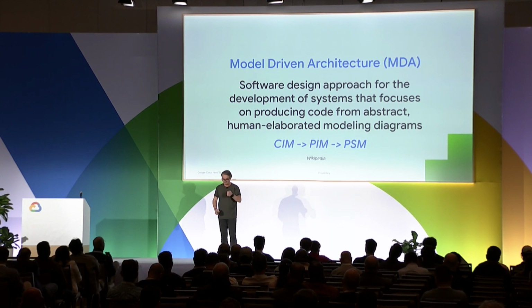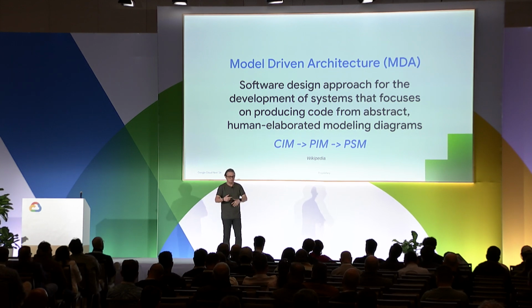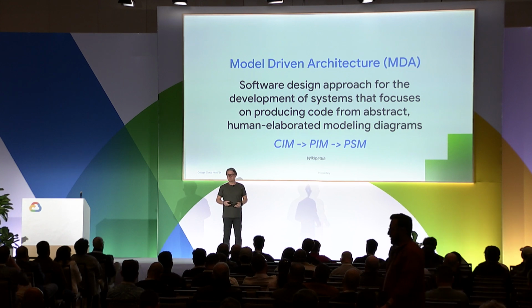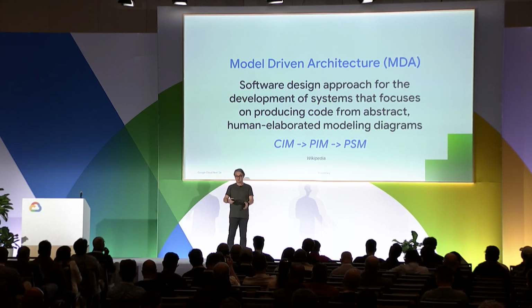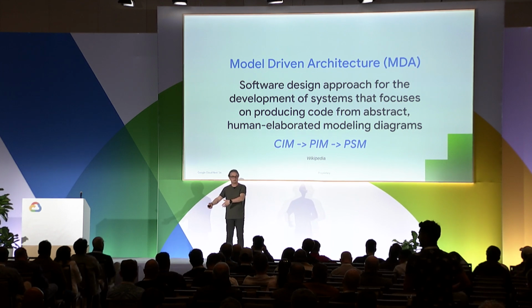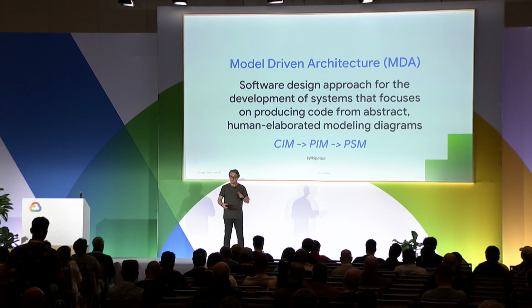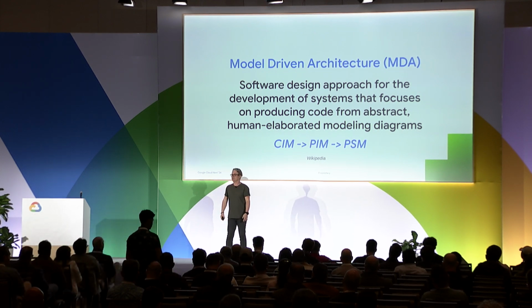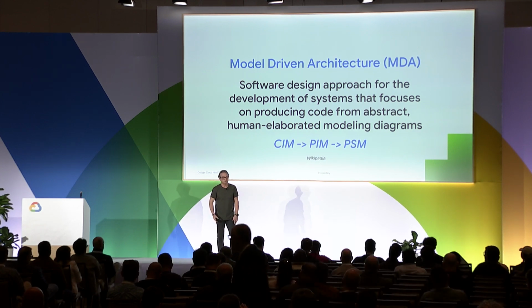Then you have the platform-independent model, which refines the previous model with notions like data persistence and transaction management, but is still agnostic to platforms and technologies. And then you have the platform-specific model, which adds the technological components that translate into code that you will be able to deploy on a platform of choice.